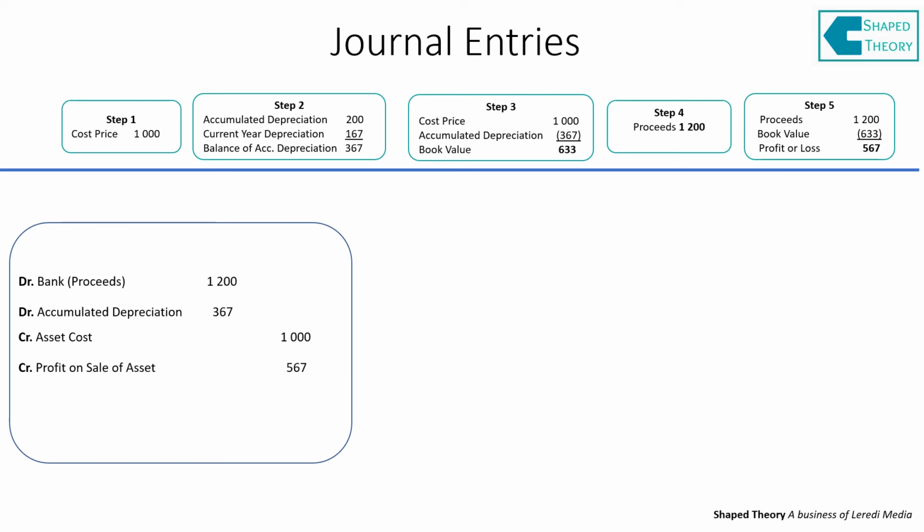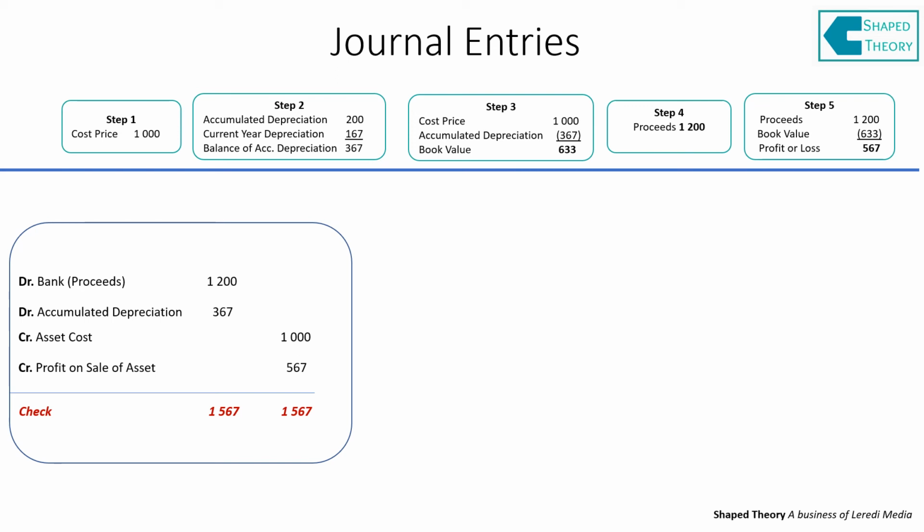Therefore, we'll have to credit the company's profit and loss account with 567. To check if the above journals balance, we just have to add the debits and the credits separately, which will give us the total of 1,567 respectively.